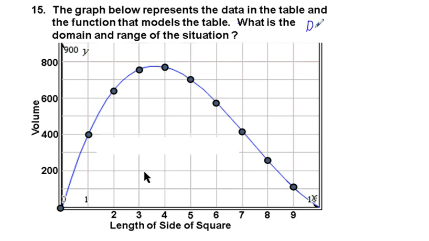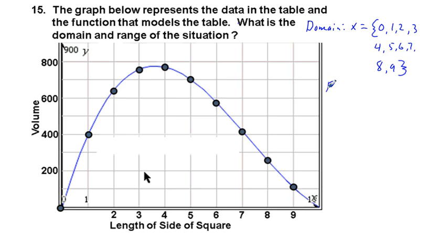So domain is going to be simply, we could say x equals, I'm going to put it in set notation here, 0, 1, 2, 3, 4, 5, 6, 7, 8 and 9, right? Is that all we're given? I think so. Okay, so that'd be our domain.